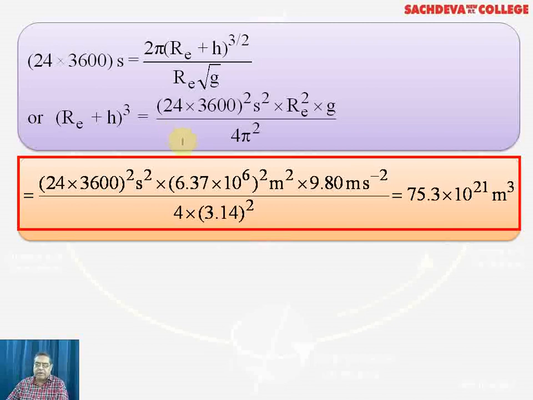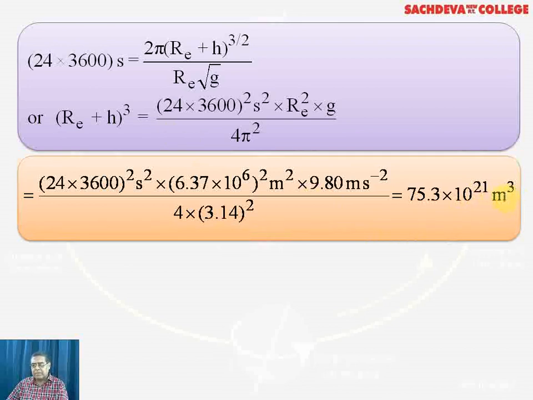So it will be 75.3 into 10 to the power 21 meter cube. But a more standard way of writing is to divide the number by 10 and multiply by 10, so it becomes exactly 7.53 into 10 to the power 22 meter cube.